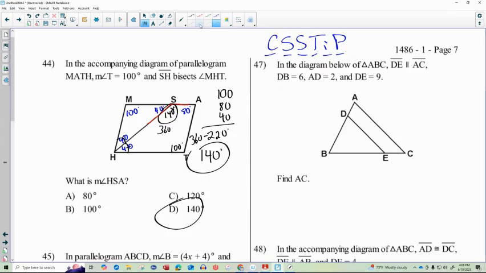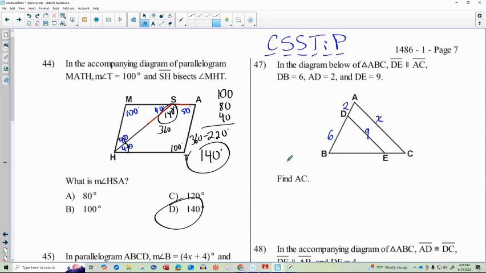Let's put these numbers where they belong in the picture very carefully. DB is 6, so I can see that side right there, and I'm going to put it right next to it. AD is 2. DE is 9. Find AC, I'll put an X there.